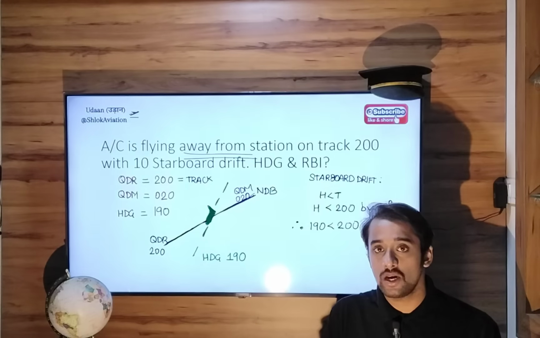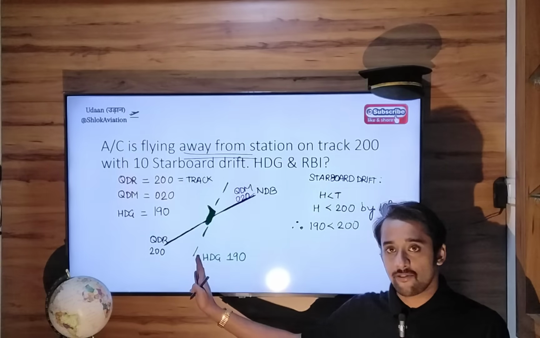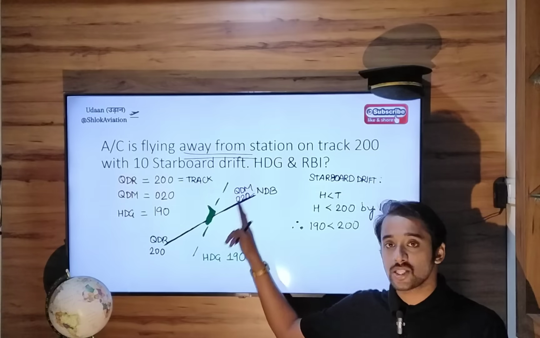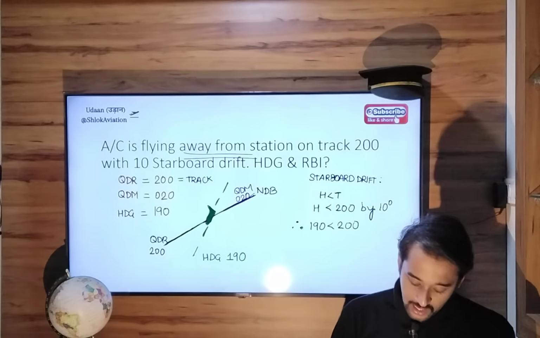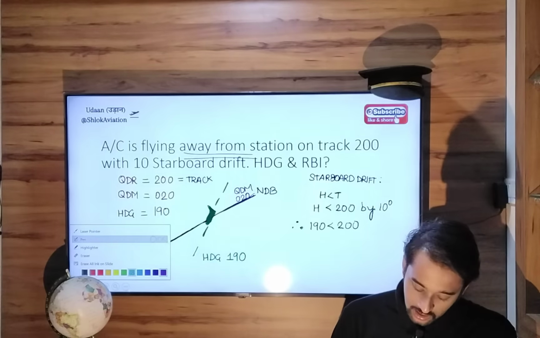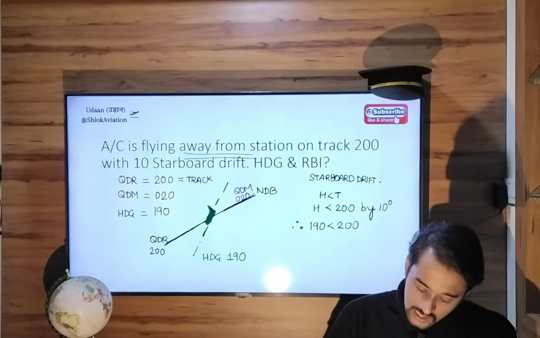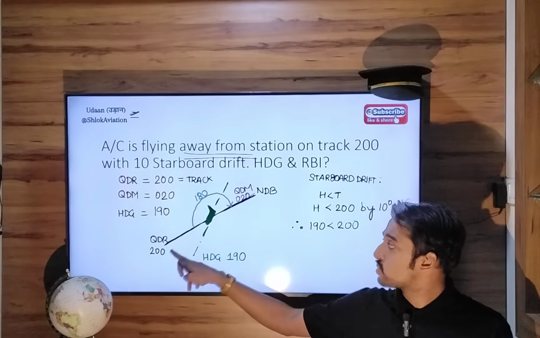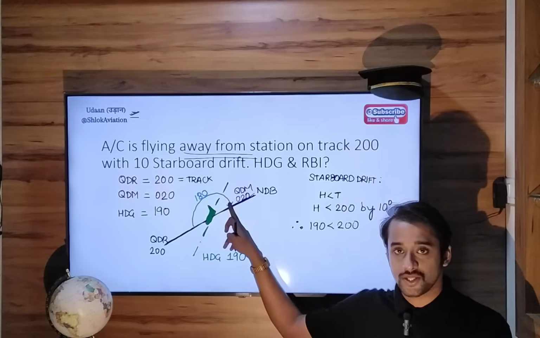It is the angular difference between your aircraft heading and your QDM, that is towards the station. Measure clockwise. So start measuring clockwise. So from the heading, now this is 180, correct? When the NDB station is directly behind, this QDR 200, that angle will be 180.